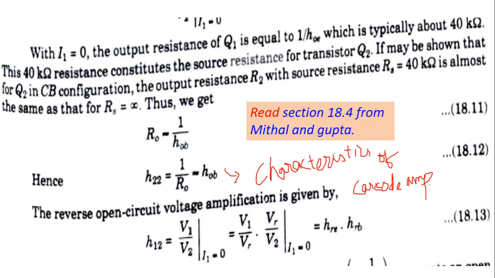Those points may look advantageous or disadvantageous, it doesn't matter, but we should be aware of the positive points and the negative points of this amplifier. So take a note of this problem.